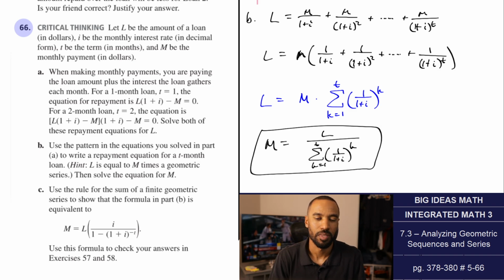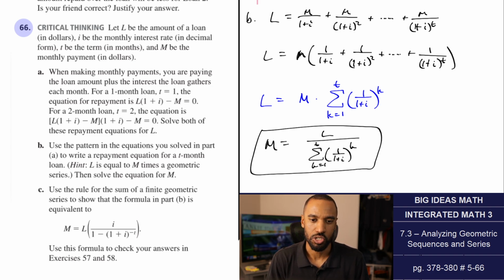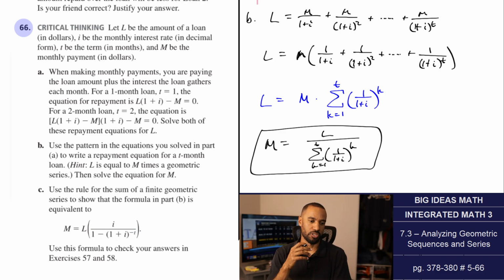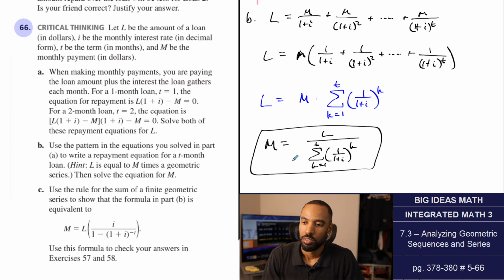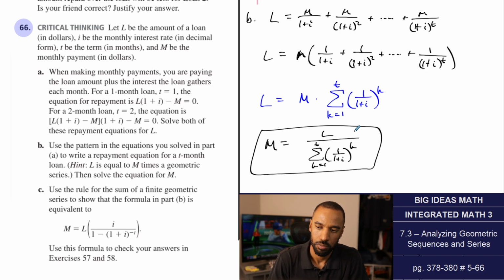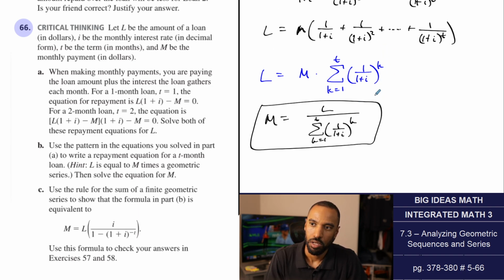All right. Part C, use the rule for the sum of a finite geometric series to show the formula in Part B is equivalent to that. Use this formula to check your answers in exercises 57 and 58. So this is more generic, I suppose.